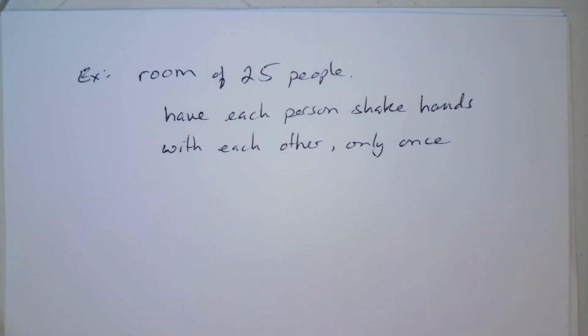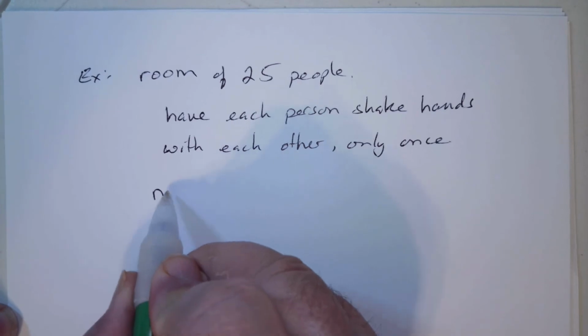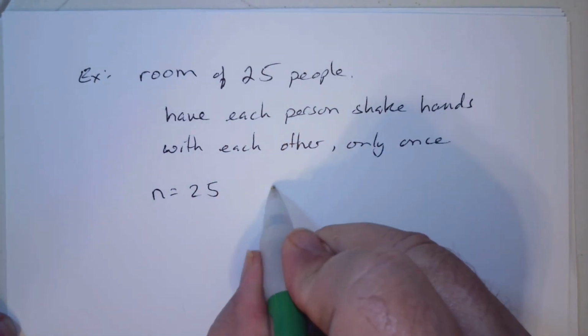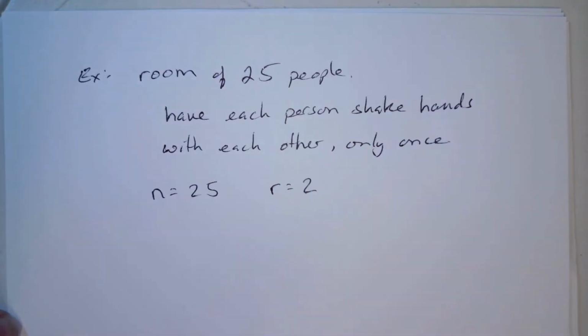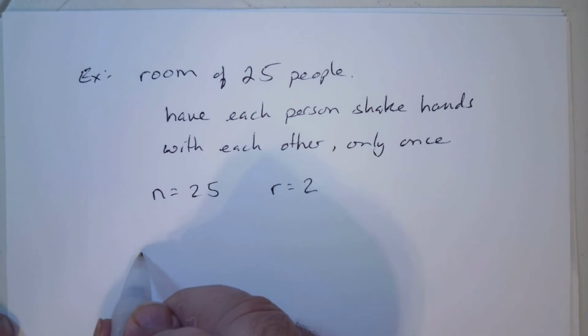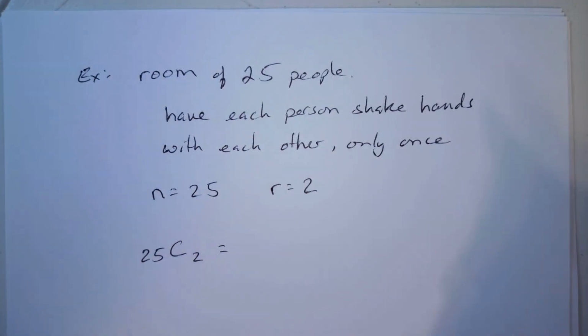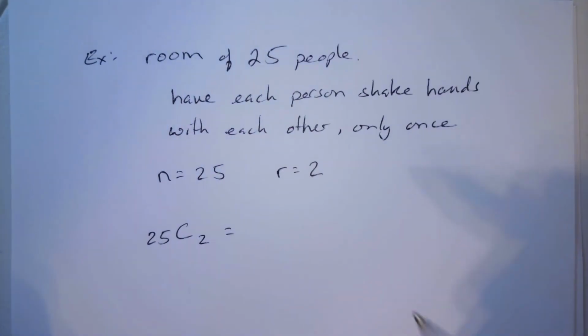So no, you can't shake the same person's hand twice. What is n? n is your number, 25. And when you shake hands with people, it's 2 people each time: you and the person you shake hands with. So 25C2. Remember, it doesn't matter in which order you shake hands, because order is not important here.